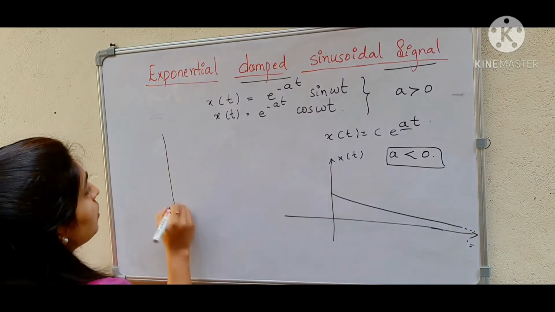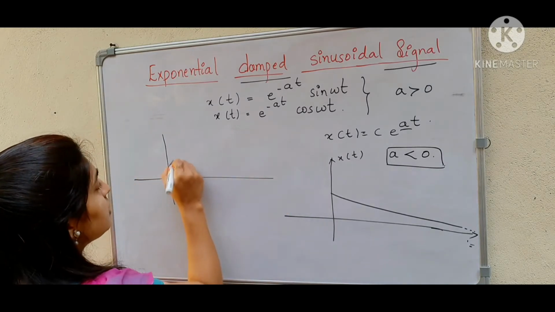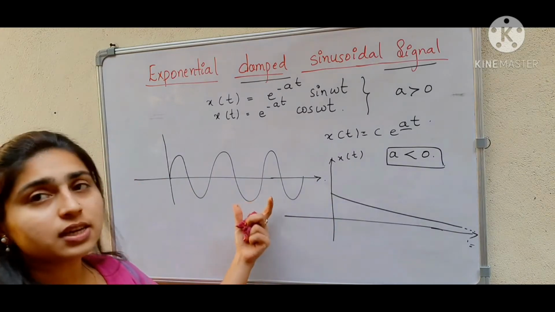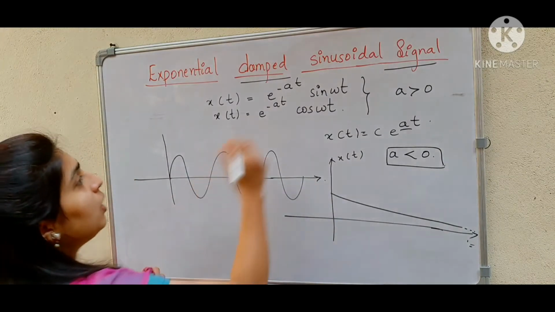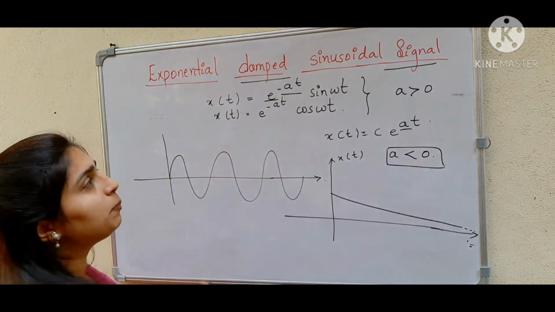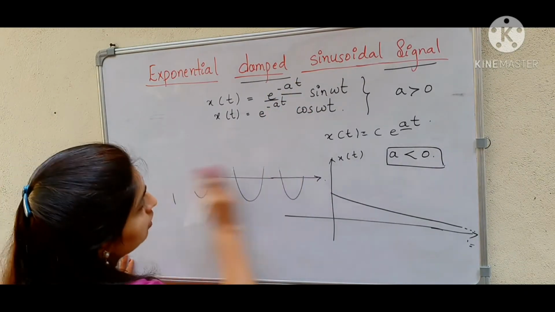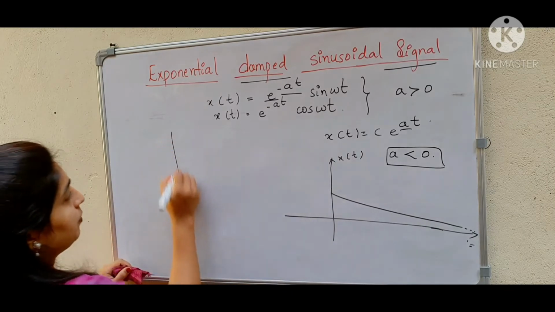A sinusoidal signal is like this. This is the sine signal. But now it is multiplied by e to the power of minus at, which is an exponential signal.